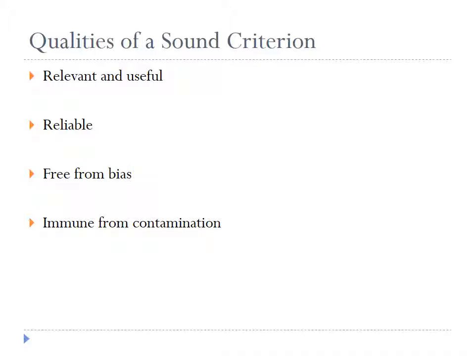They should be free from bias. There should not be any external influence on the criterion. And finally, they should be immune from contamination. There should be no systematic error in determining these criterion.